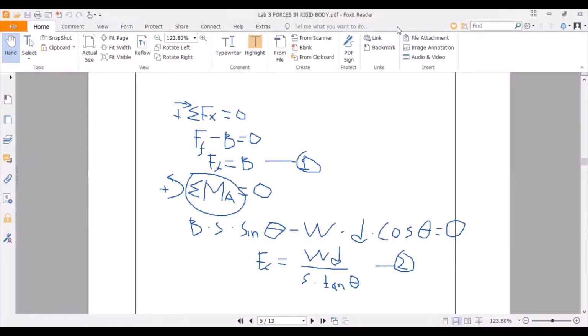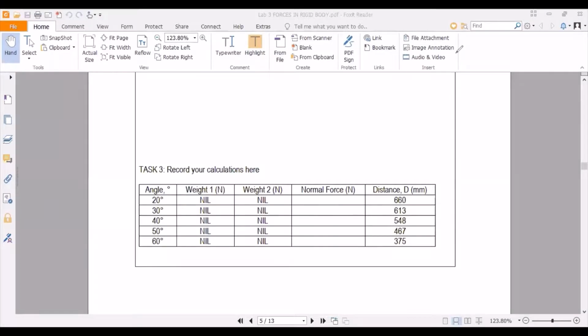After that, because F friction equal to B, from equation 2 we can elaborate B, simplified as B equal to F friction.